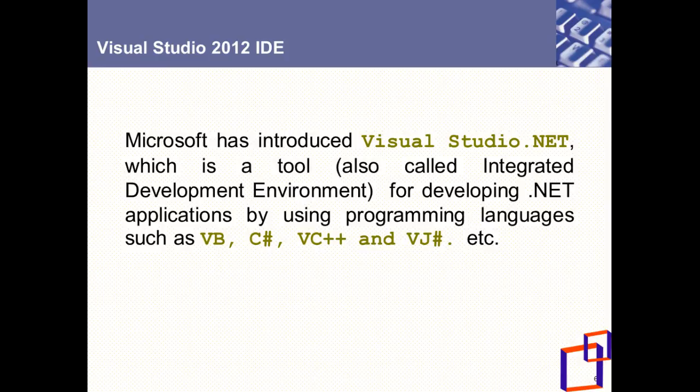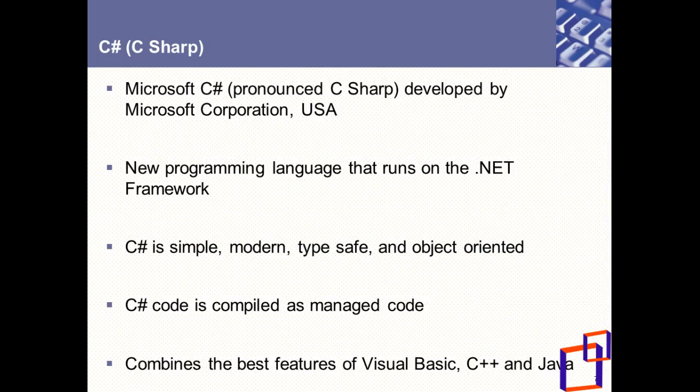It is also introduced by Microsoft, and it supports different kinds of programming languages such as VB, C Sharp, VC++, VJ Sharp, etc. C Sharp is a programming language introduced by Microsoft, and it is one of the supported languages for the .NET framework. It is a new programming language that runs on the .NET framework.